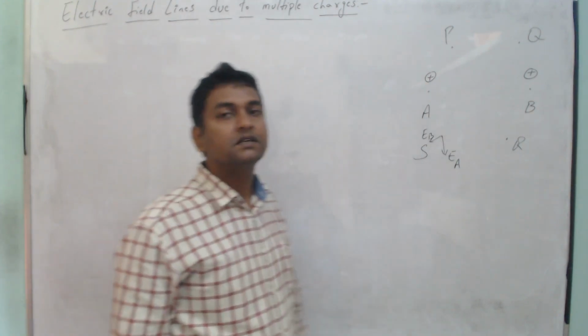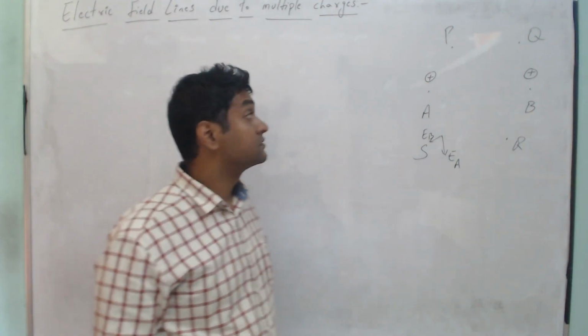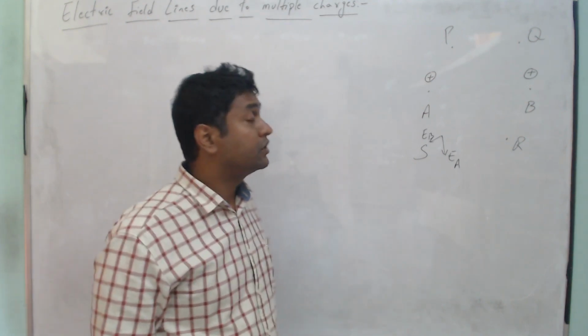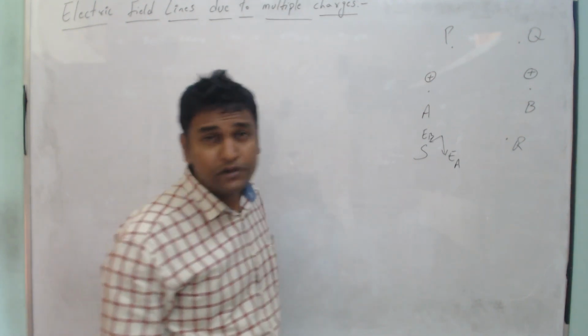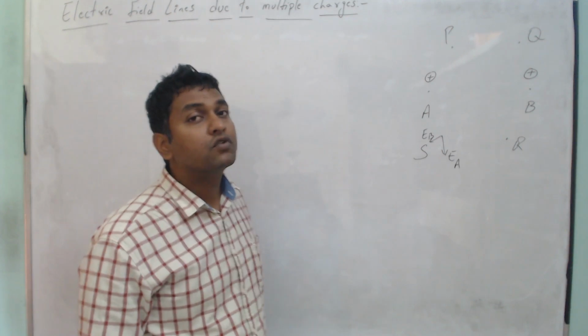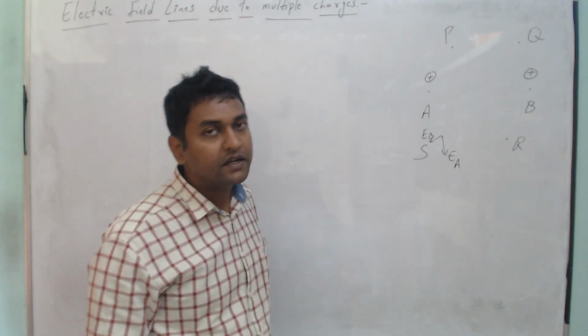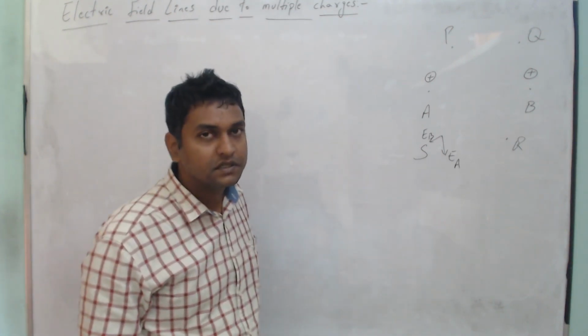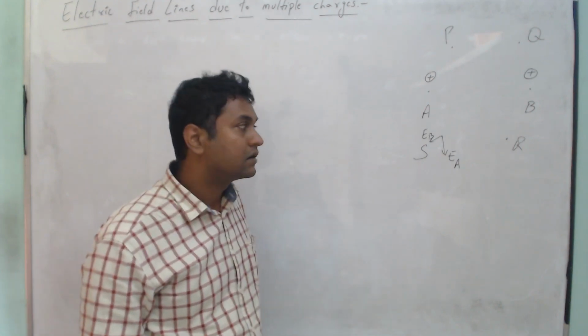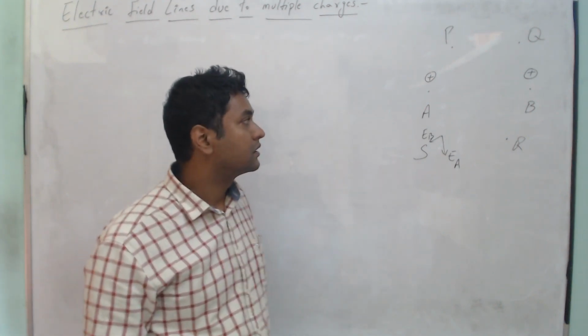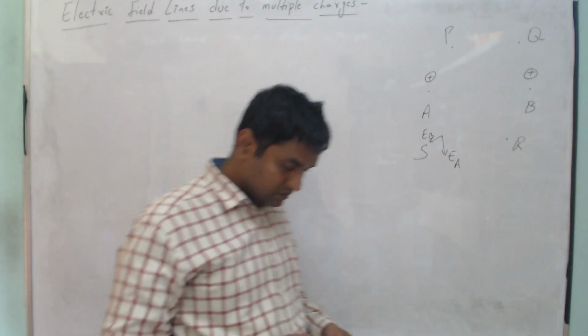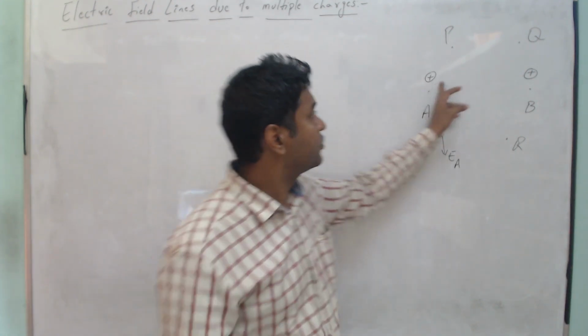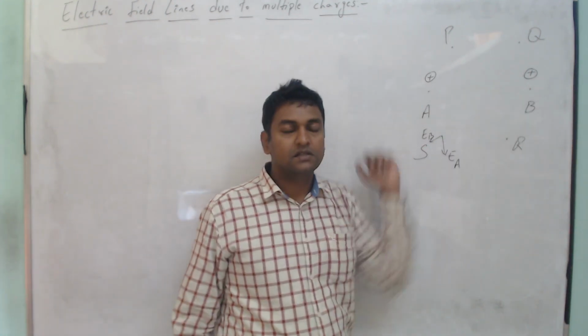We are considering PQRS in order, with positive charges. PQRS are 4 random points we have chosen where we are going to study the field lines. Yes, sir, but without giving whether it's positive or negative charges. They are both positive charges. Yes, sir.